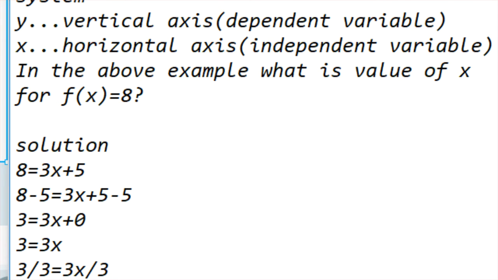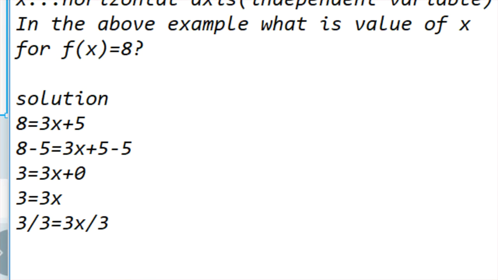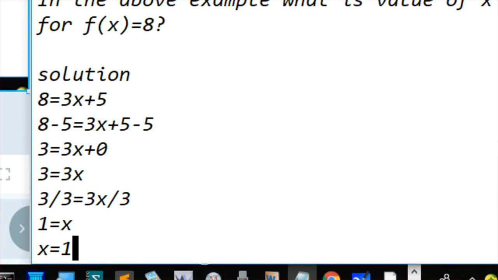Now 3 by 3 is 1, equal to x. So x is equal to 1. We can do these steps and solve for x.